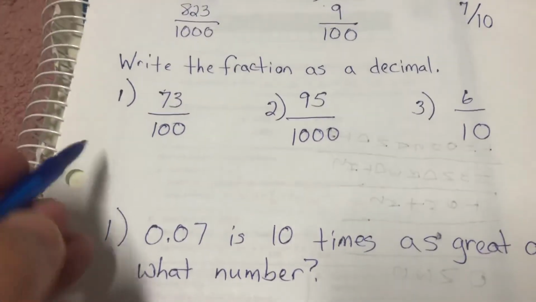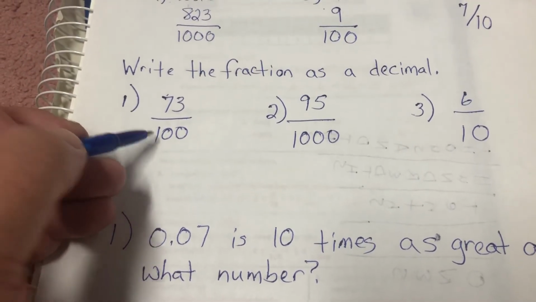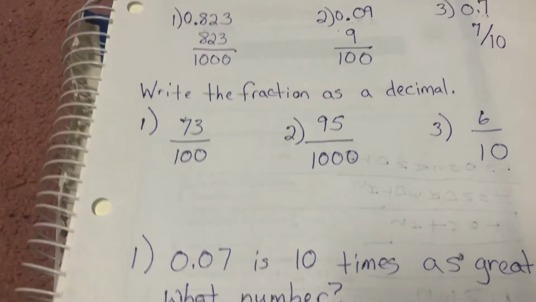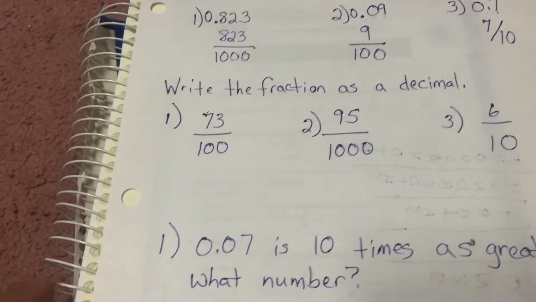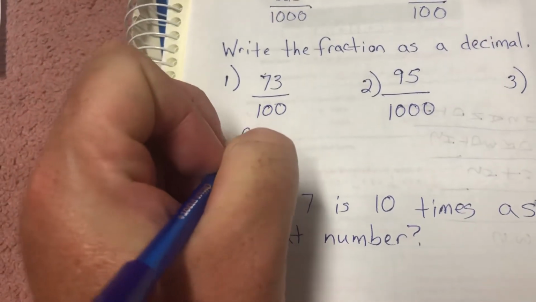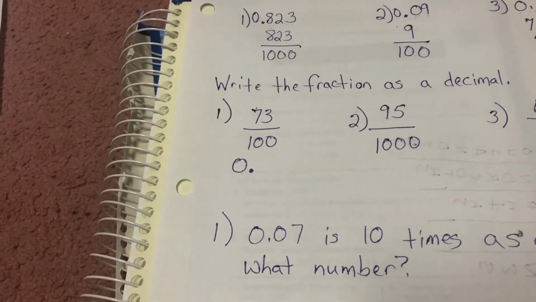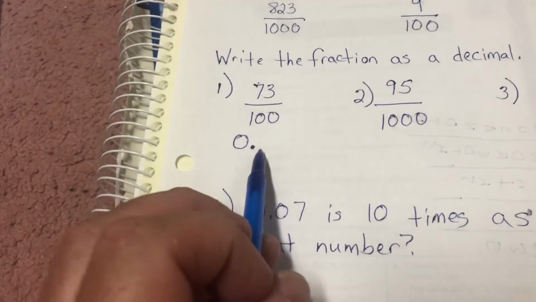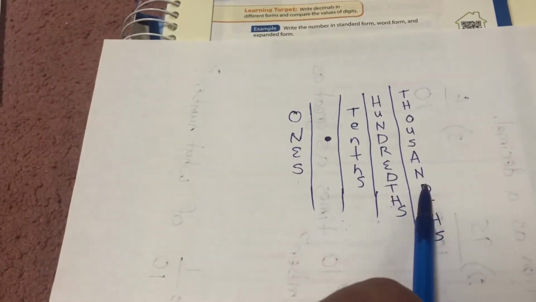Now, here I have 73 over 100. So I could think of that as 73 hundredths, or 0 and 73 hundredths. So I'm going to think, well, that would be 0 and in place of the and, you put the decimal. 73 hundredths. Now remember, my place value chart is tenths, then hundredths, then thousandths.